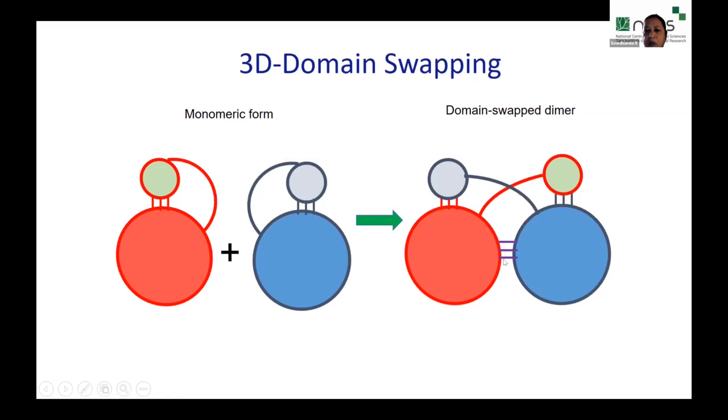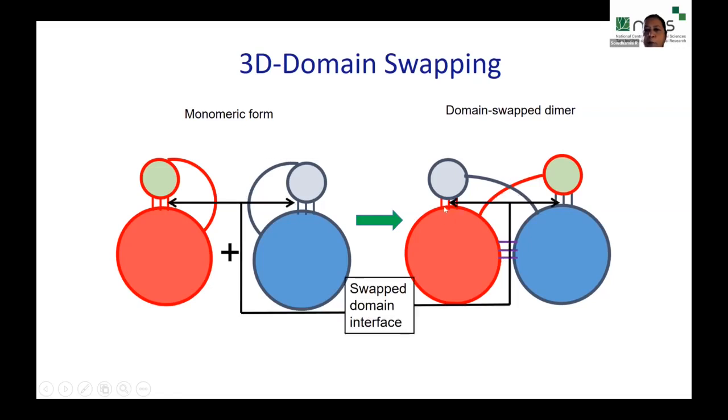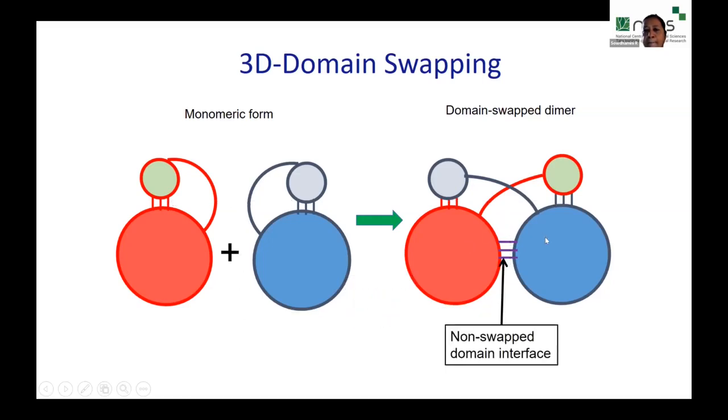So those are referred to as the swap domain interface, which is that little region, and the non-swap domain interface, which is the part of the protein interface that was always there. It was always present between the two chains, and that is called the non-swap domain interface. So I might be using DSI to refer to this little part, and the non-swapped interface is called NDI.